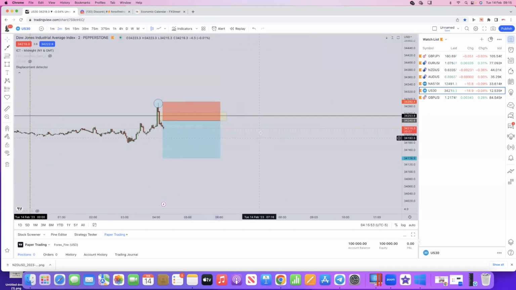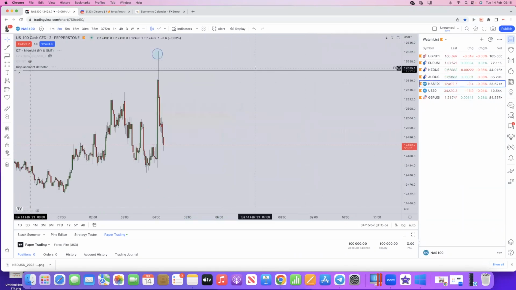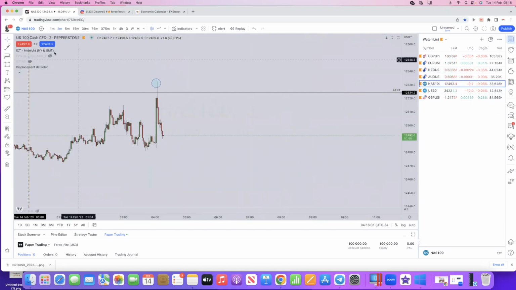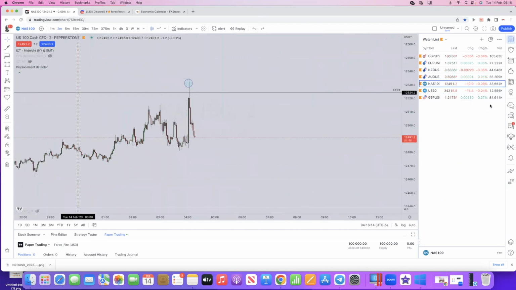There's our 1 to 2. We've got the US 30 on. And it looks as if we still need price action to come down below these areas. Okay, still need the price to come down on the NAS on that. But again, we've had the liquidity grab.